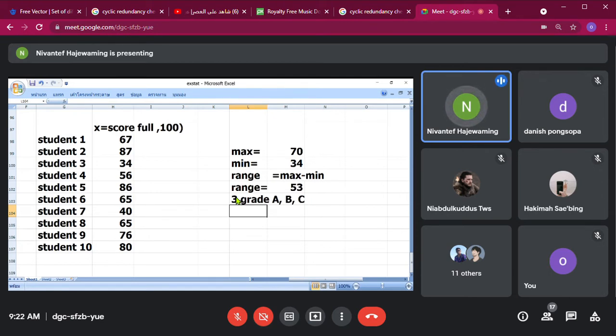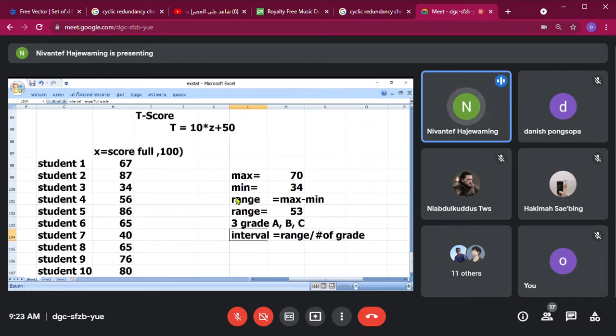The score between grades is the interval. Interval equals range divided by the number of grades. The number of grades A, B, C is 3.